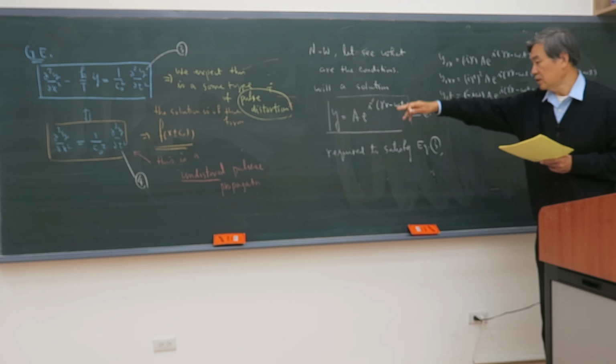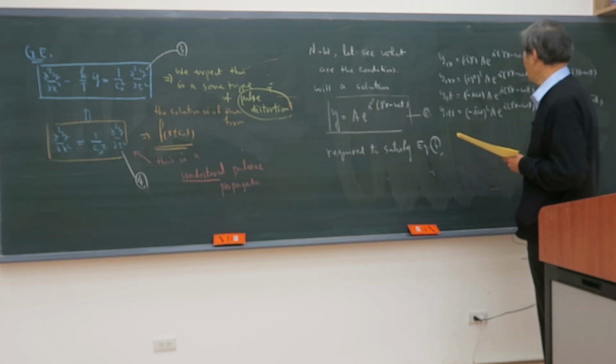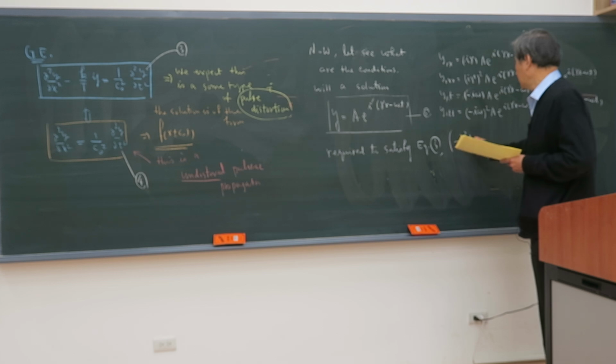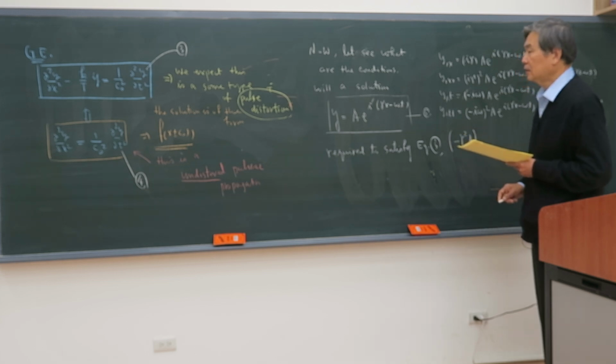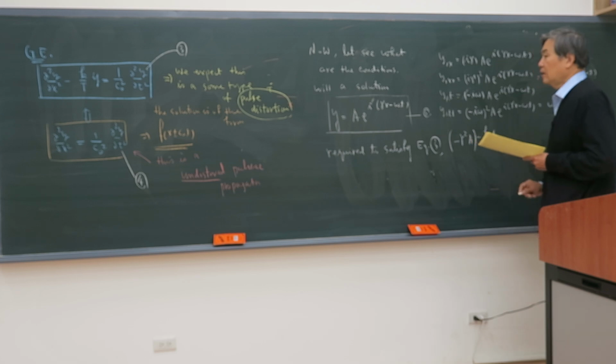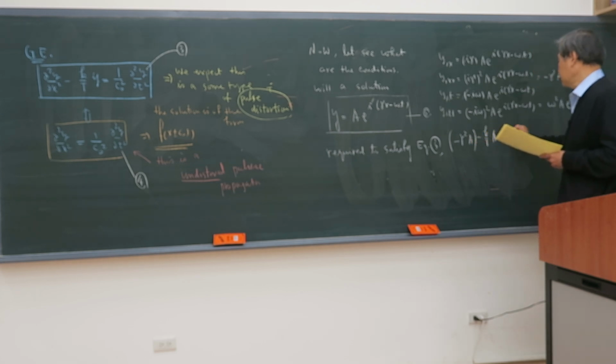So let's put it into the Galvin equation. It will be minus gamma square A, right? And minus k over T A, and equal to 1 over C0 square T omega square A, right?